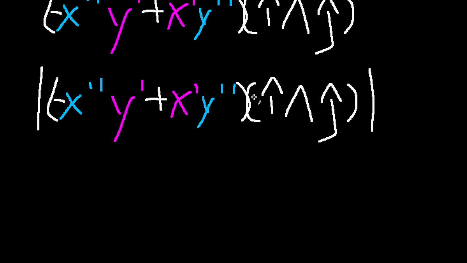Now, in order to do this, we have to consider the magnitude of i hat wedge j hat first. So let's go ahead and draw i hat and j hat over here.